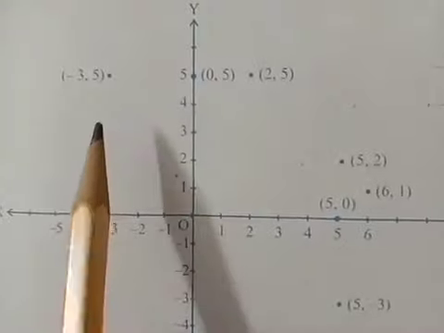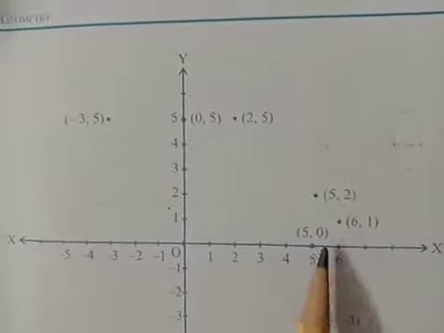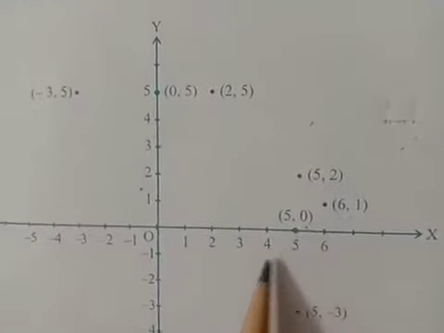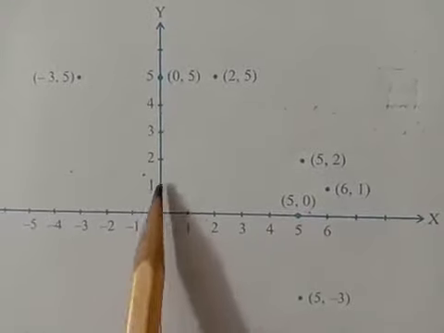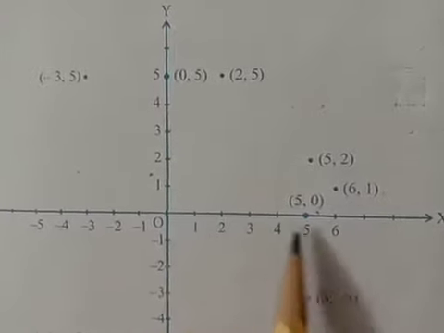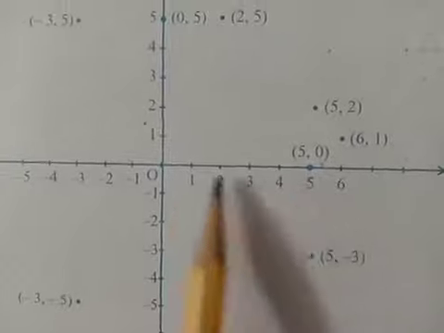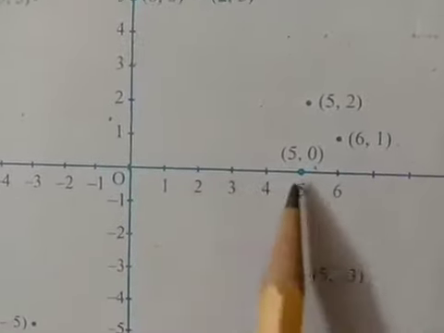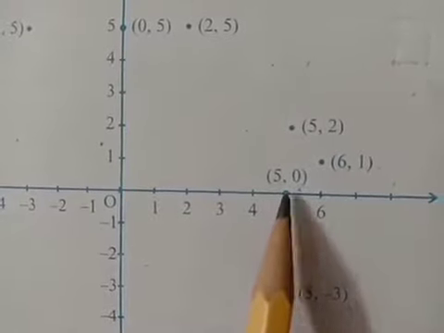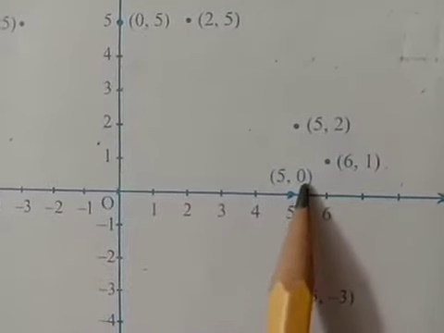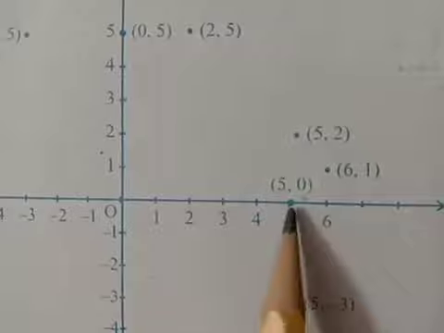Now let's try to plot 5, 0, the first one, on the number line. First is 5 units. So if you measure from this y-axis, take 5 units, measure 5 units from the y-axis and mark that point. And the y ordinate is 0, so it is on the x-axis itself.